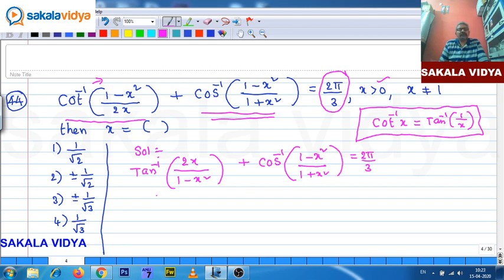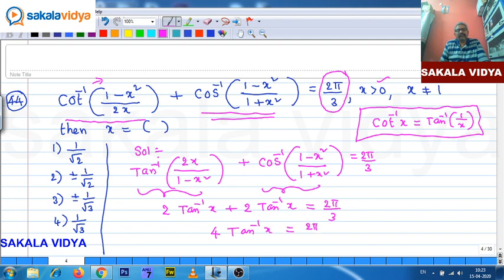We have already studied, this is equal to 2 tan inverse x, and this is also equal to 2 tan inverse x. So that means 2 tan inverse x plus 2 tan inverse x equal to 2 pi by 3. That means 4 tan inverse x equal to 2 pi by 3.